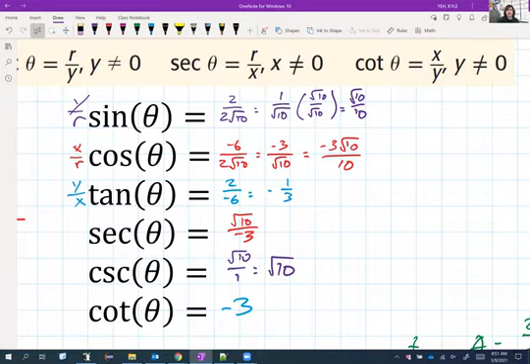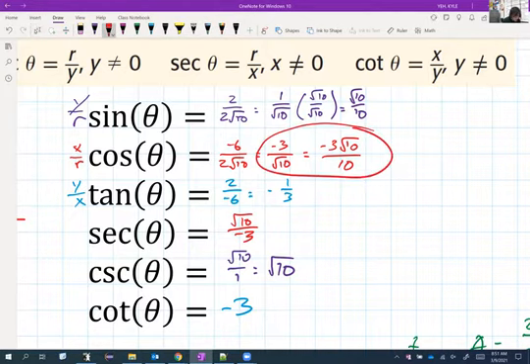Cosine is -6 over 2√10, -3 over √10. And I want you to just notice right here, I'm hoping you're getting to the point where what I'm circling right now, we know we need to multiply by √10 over √10. And so we know that'll give us -3√10 on top over 10 on bottom.